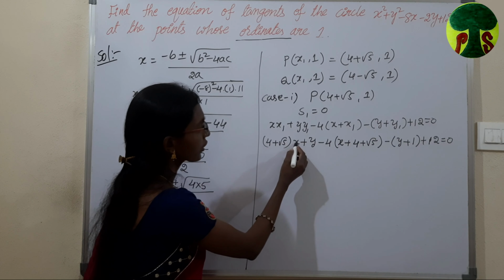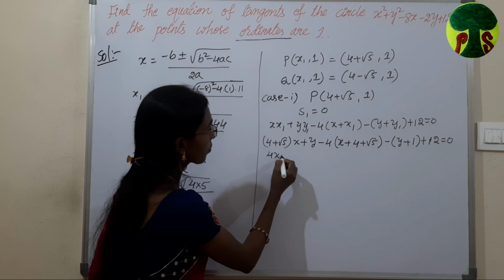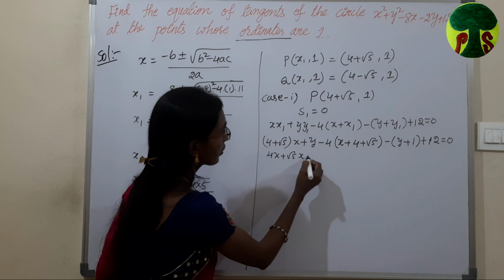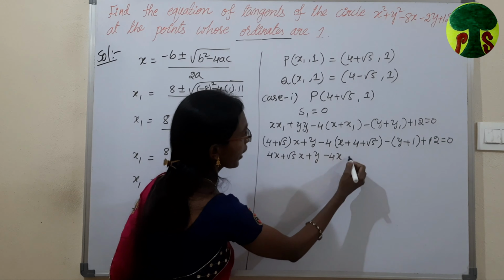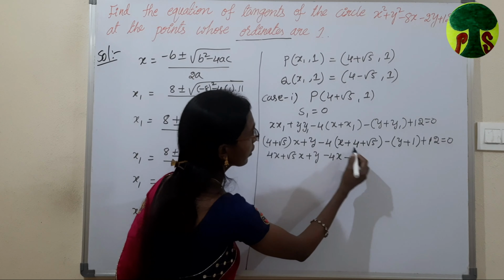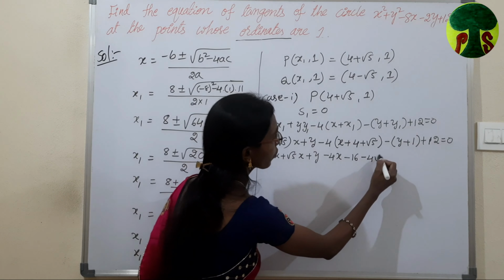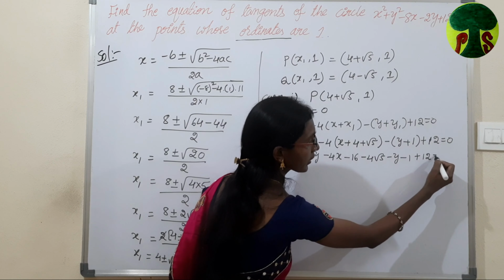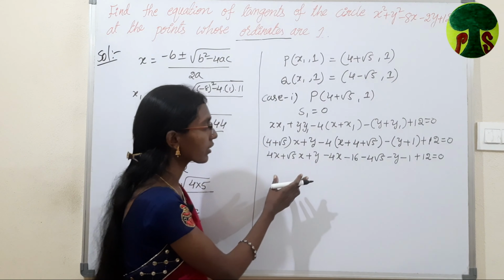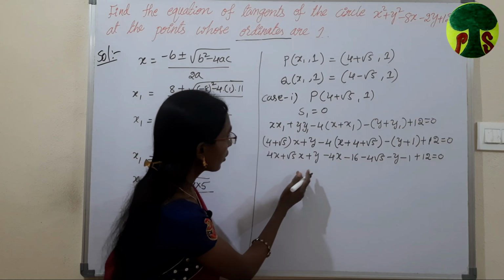So 4 into x is 4x plus root 5x plus y. This is minus 4x minus 4 fours are 16 and minus 4 root 5 minus y minus 1 plus 12 is equal to 0. We have to simplify this equation.